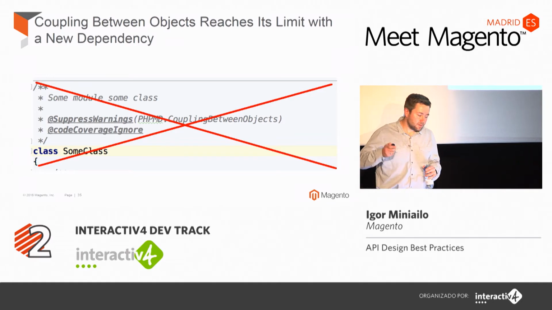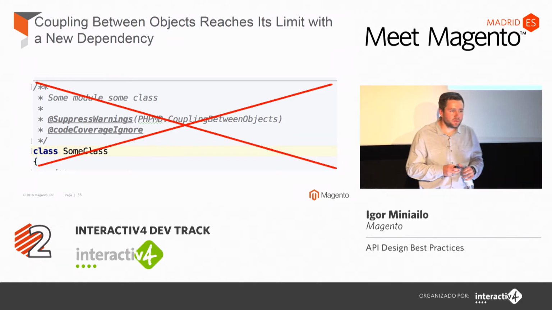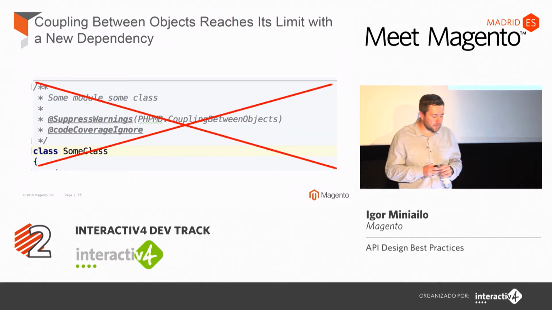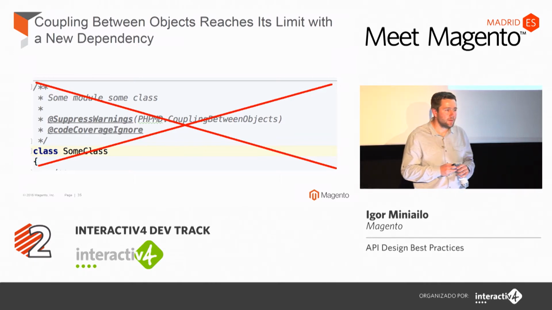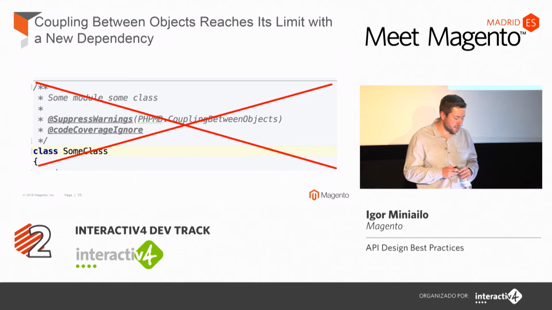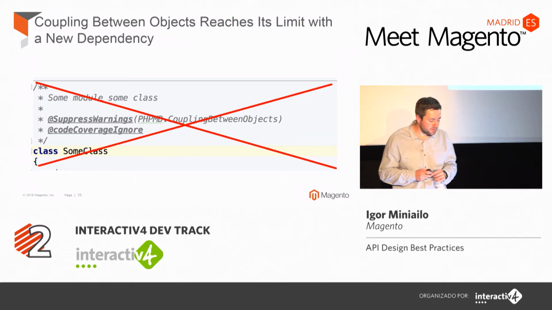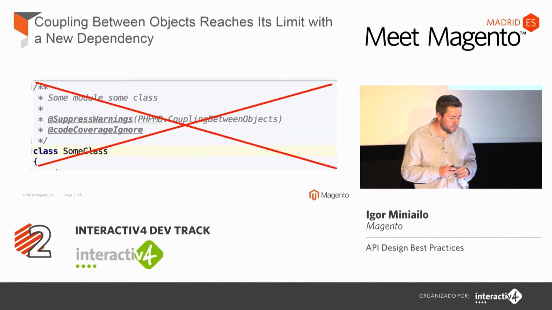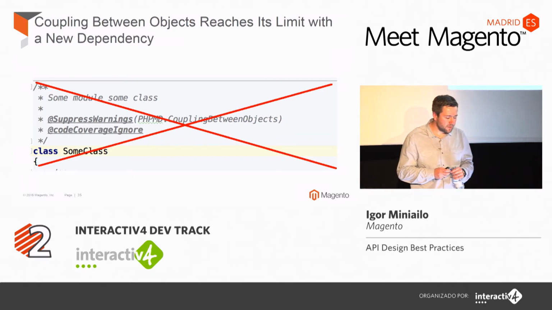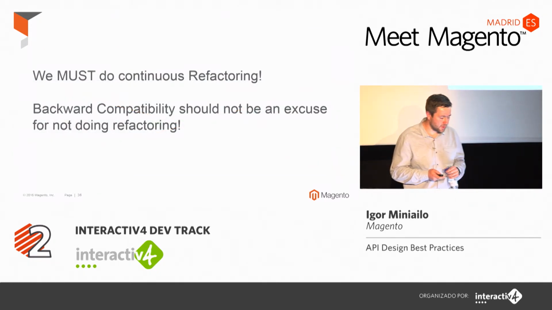When refactoring that code, we got stuck with the problem that the amount of external dependencies started to grow in classes, because we are not allowed to remove any existing dependency from a class that already exists. That's why we started getting suppress warnings like coupling between objects for many classes in the system. But continuous refactoring is crucial for us, and we must do refactoring.